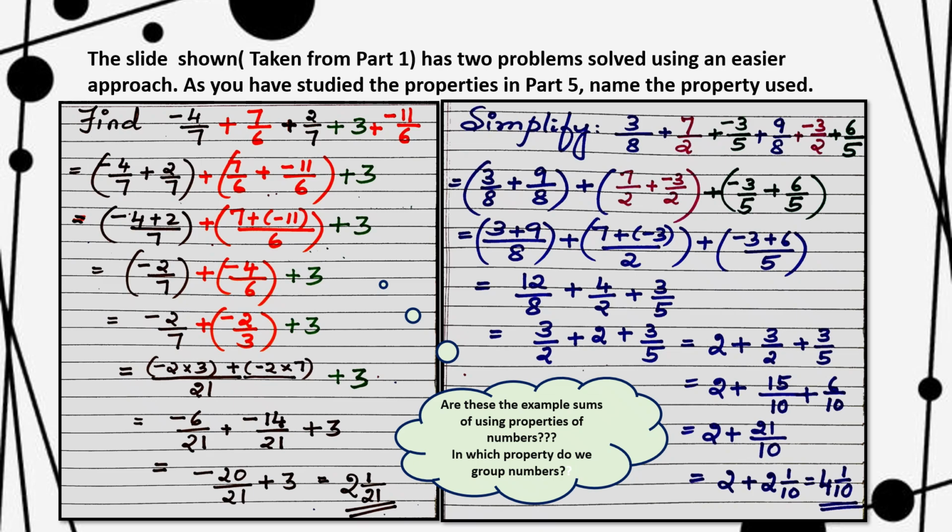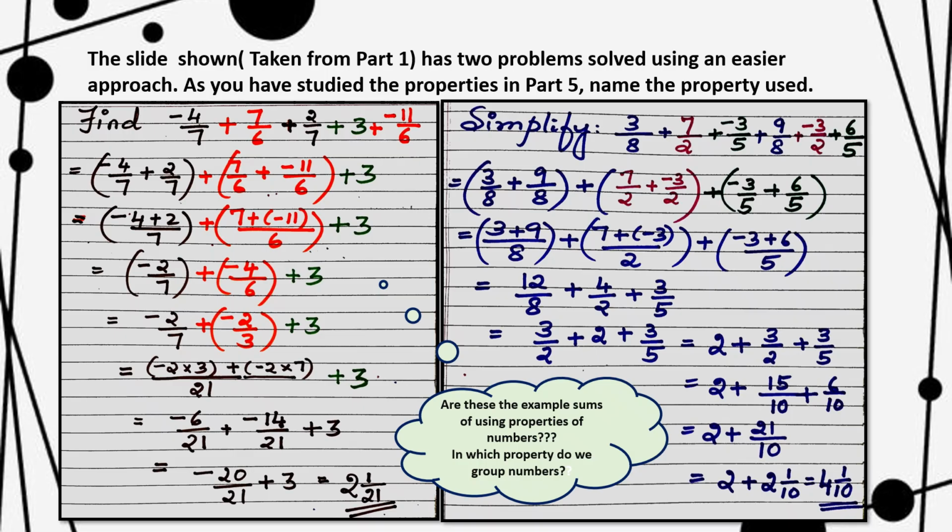Observe, it is addition, and the various numbers which are considered have different denominators, but the grouping is done to conveniently handle it, and the sum can be easily solved if we take up this method. So this is an example of usage of associative property. So now onwards, whenever we use the property and simplify, the approach is this.